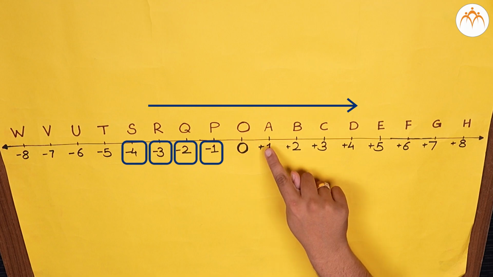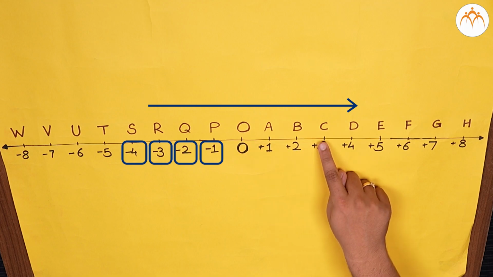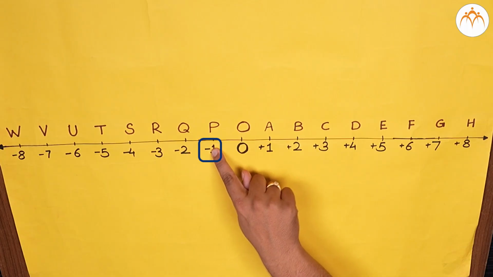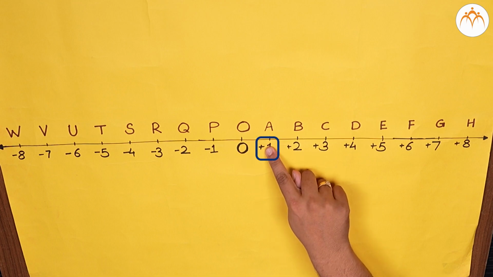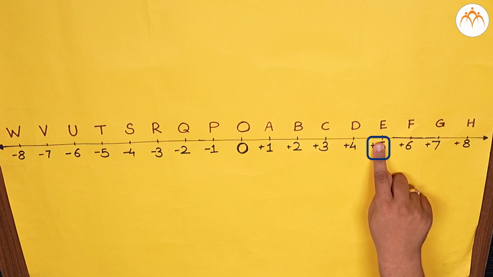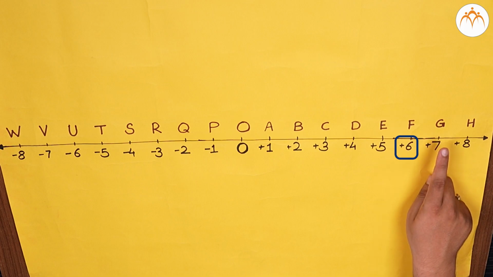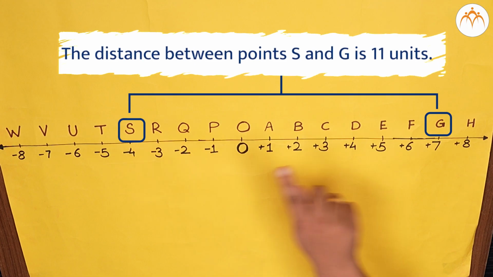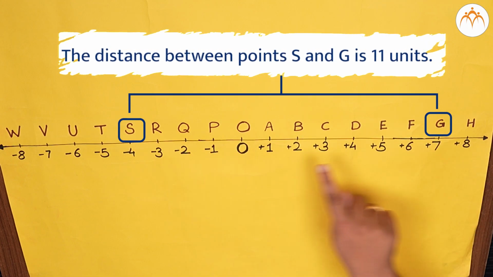Let's count it together. This is S and this is G. 1, 2, 3, 4, 5, 6, 7, 8, 9, 10 and 11. So the distance between point S and point G is 11 units.